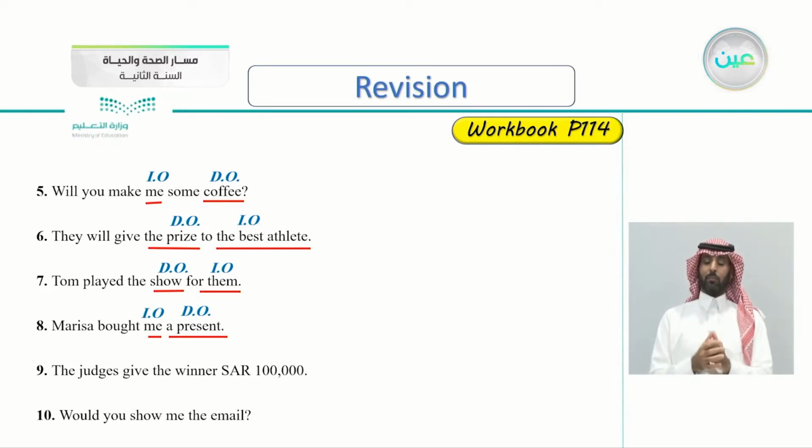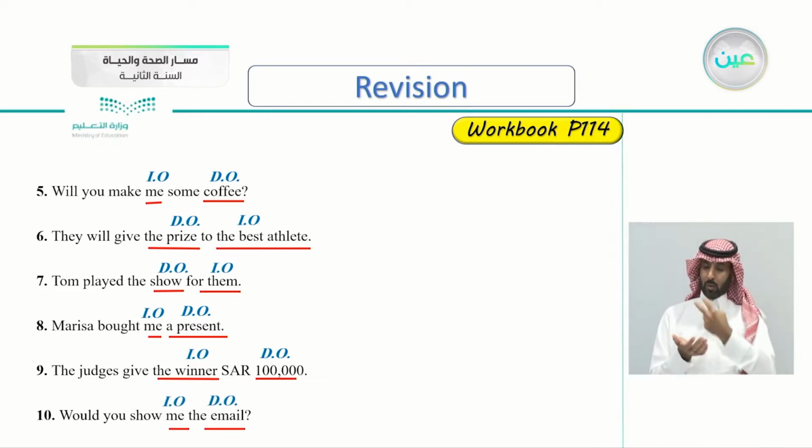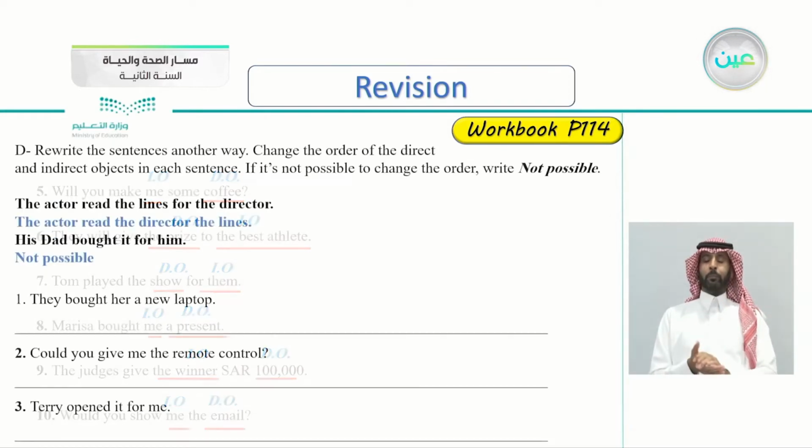Number nine, the judges give the winner 100,000 Saudi riyals. Excellent. The winner is the indirect, 100,000 Saudi riyals is the direct object. Number 10, would you show me the email? Me is the indirect, the email is the direct object.